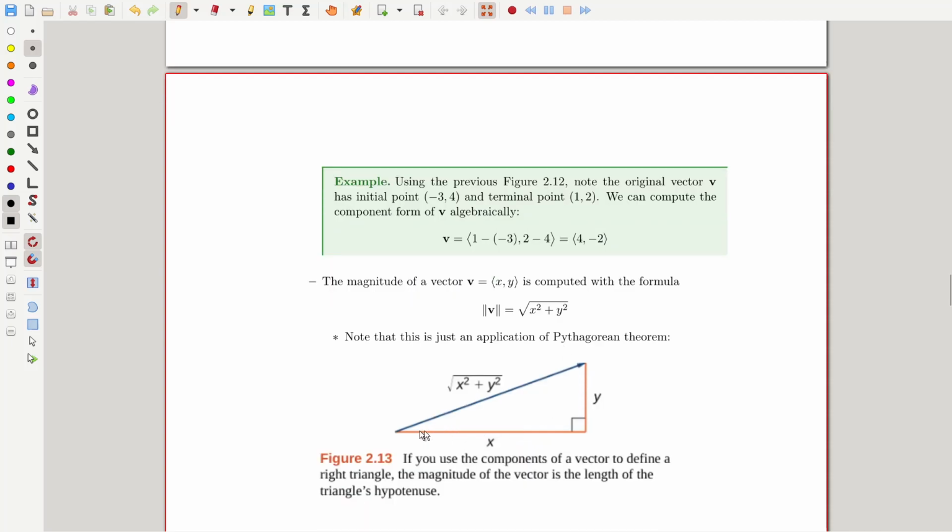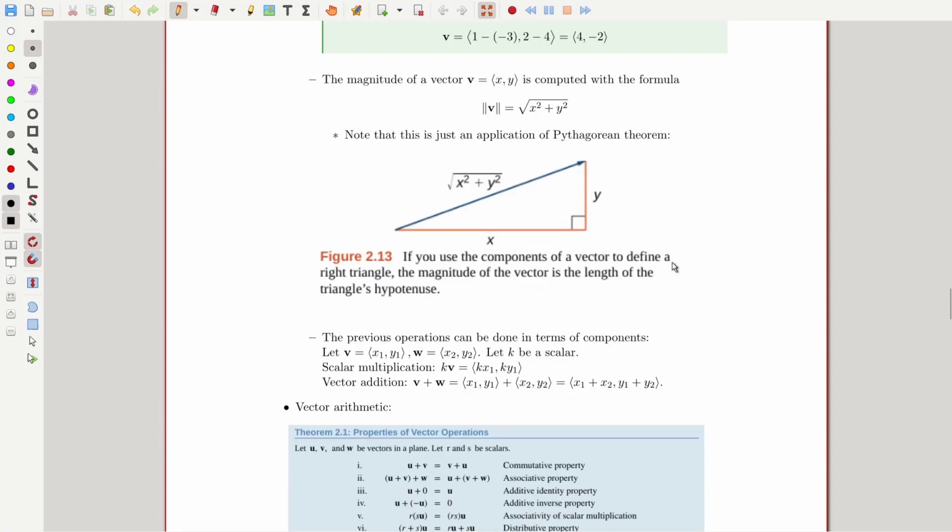The amount of travel in the x direction and the amount of travel in the y direction form a right triangle, from which you can use the Pythagorean theorem to determine the hypotenuse, which would be the length of the vector itself. So that's where this expression comes from. It should be quite intuitive. And we'll see that there's a generalized version for the third dimension once we talk about the third dimension.